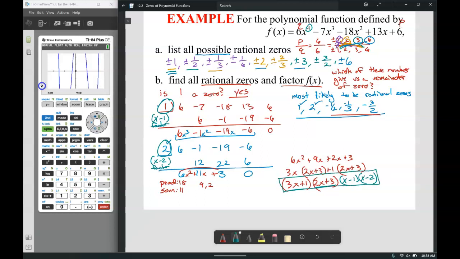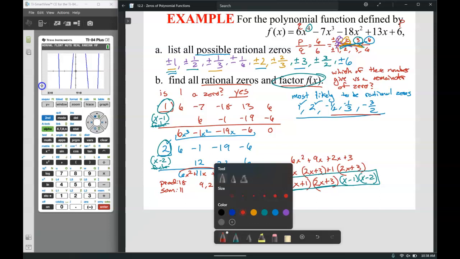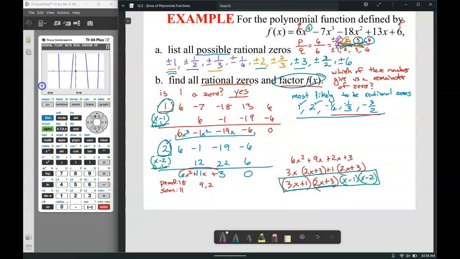Now the problem also asks for the zeros. So we got our factors. Well, the zeros are going to be what happens when we get our x-intercepts. And we saw those on the graph. We know that 1 is a 0. We checked for that earlier. It worked. We know that 2 is a 0. We checked for that earlier. It works.